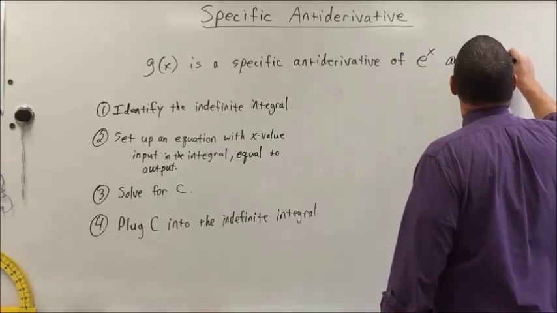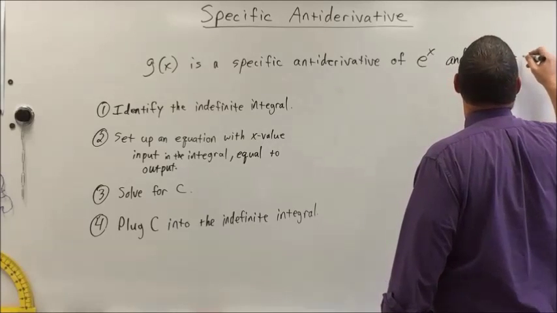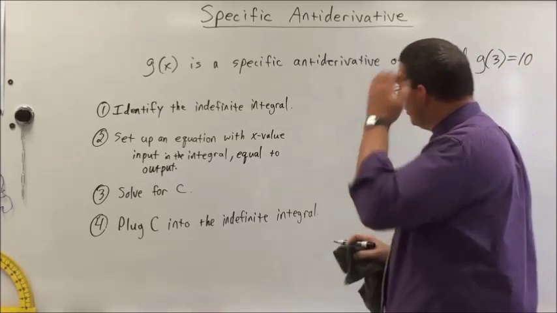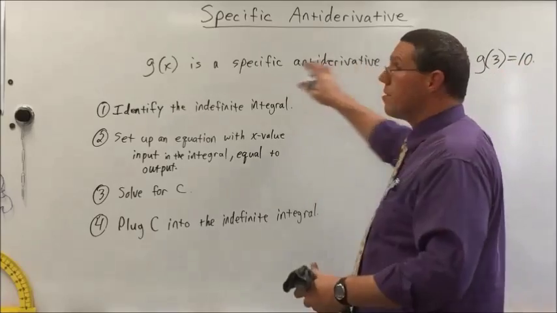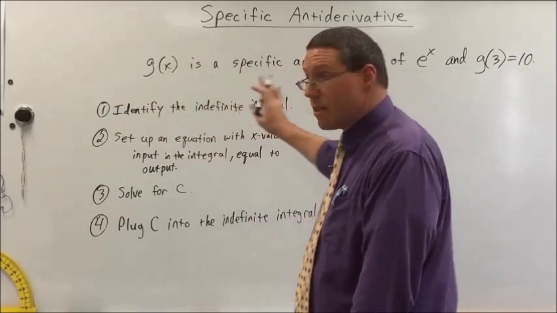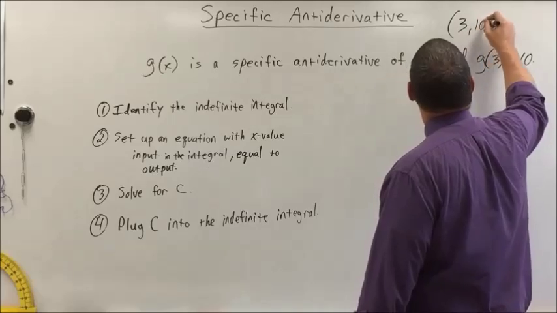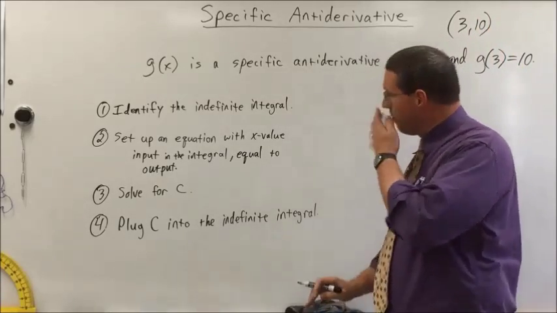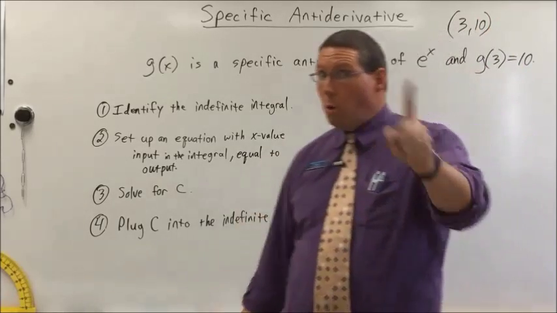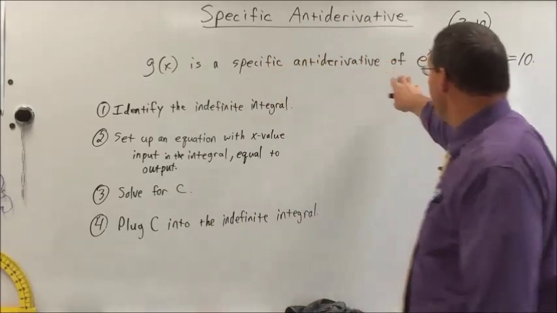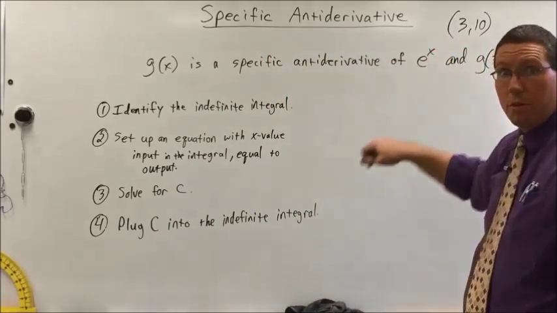Let's say that g of 3 equals 10. So that means this specific antiderivative passes through the point (3, 10). Okay? And only one of these antiderivatives of e to the x passes through the point (3, 10).